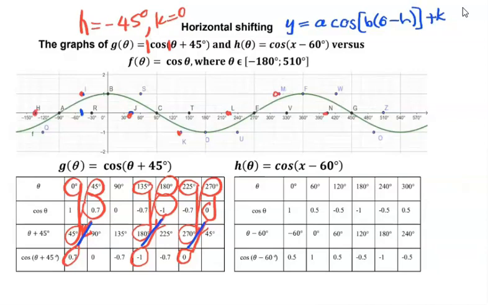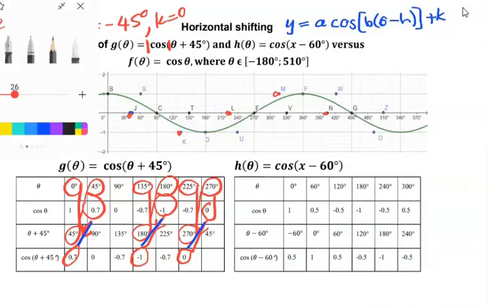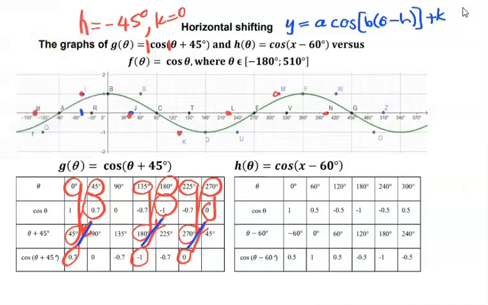Okay, so if I now move to the other graph, let us take another color. Let us take purple. Then we see, okay, here again we have A is 1, the B is also 1, the H is now plus 60 degrees because it's minus H, so H is plus 60 degrees and K is still 0.